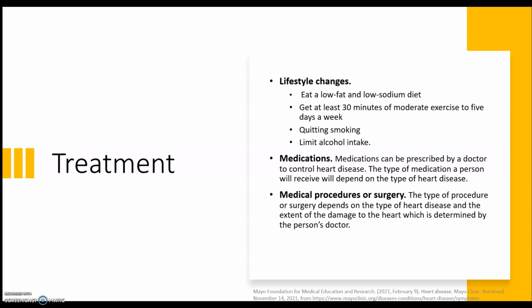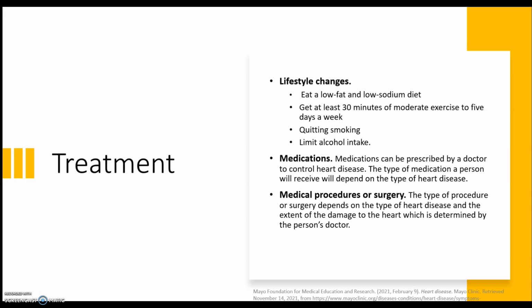The treatment. The type of treatment a person receives depends on the type of heart disease they have. Treatment is not always one size fits all, and is usually customized by a person's health team of professionals. In general, treatment for heart disease usually includes lifestyle changes, which can reduce the risk of heart disease.